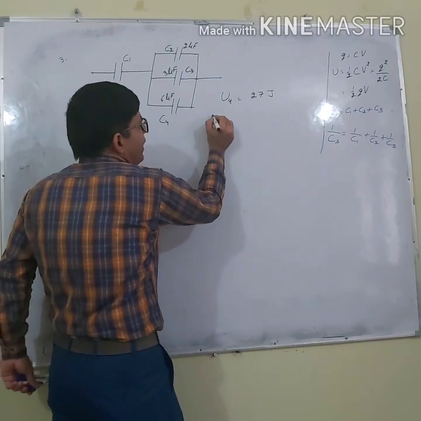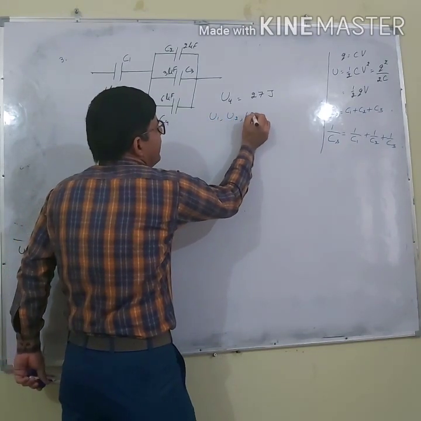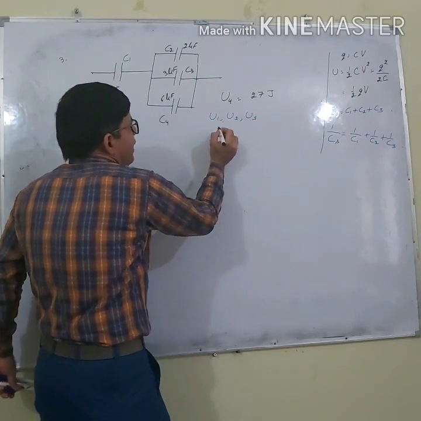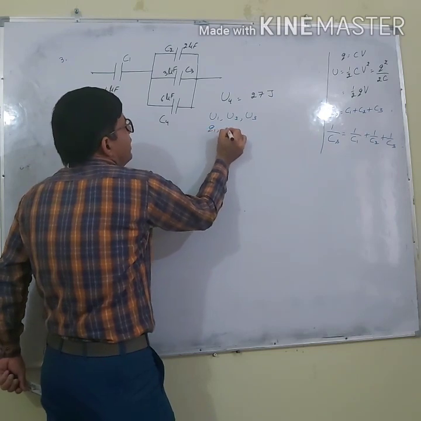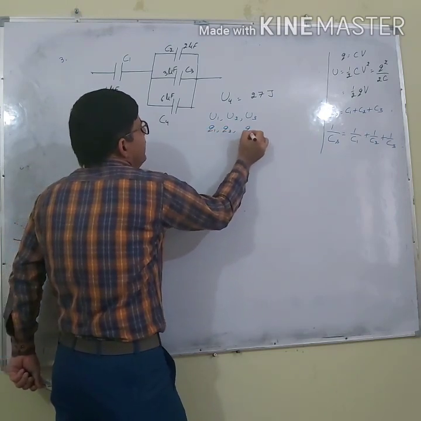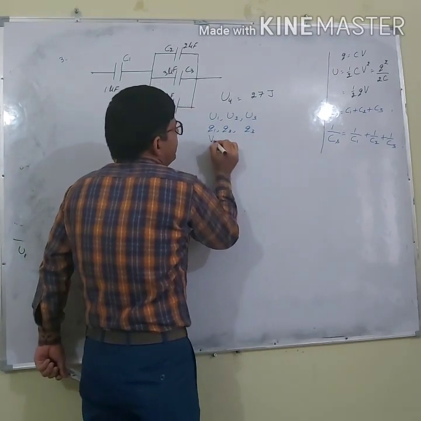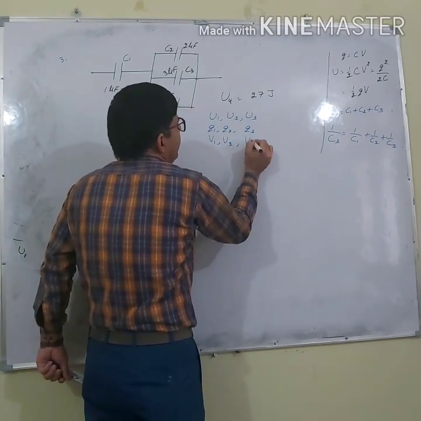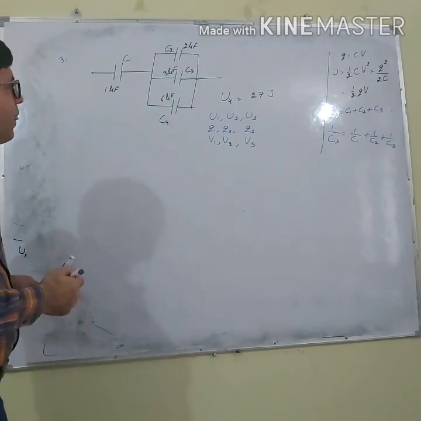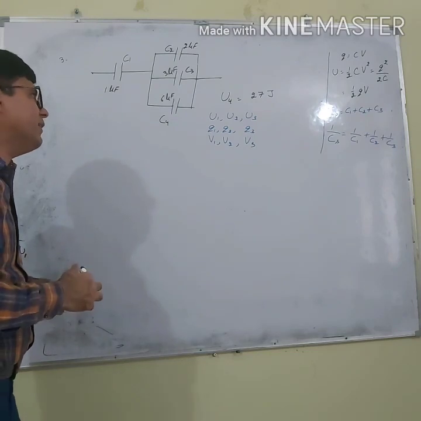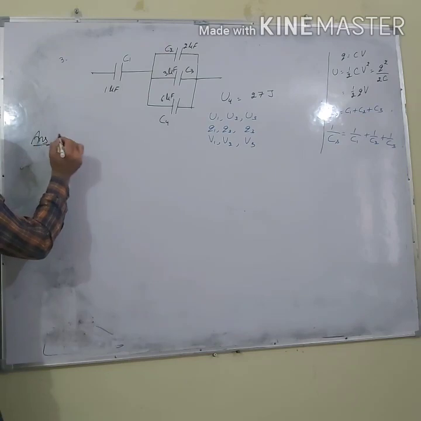I have to calculate the energy stored in the first, second, and third capacitors, the charge on the plates of each capacitor, and the potential across each capacitor. This I have to calculate. Okay, so let's try to formulate this. It's a very simple question. Now, the solution is very simple.